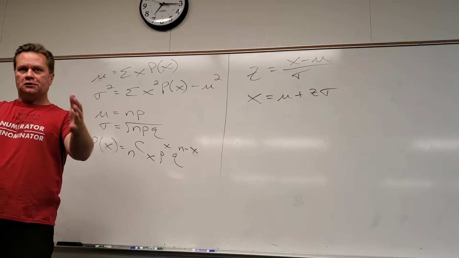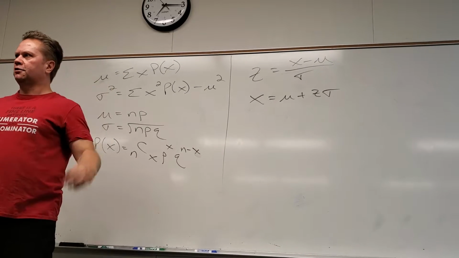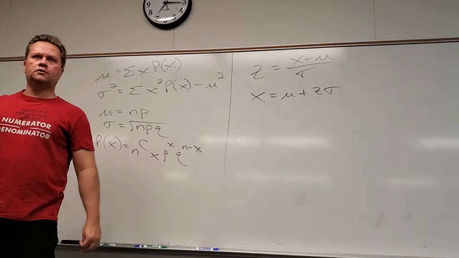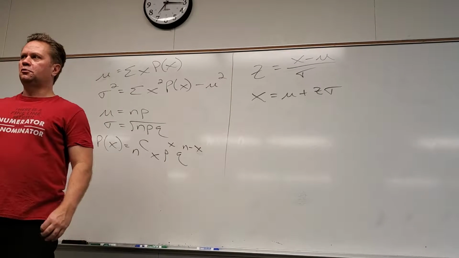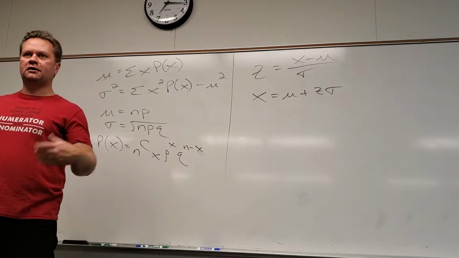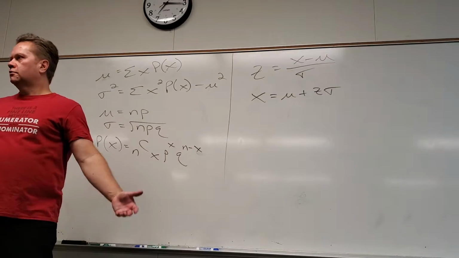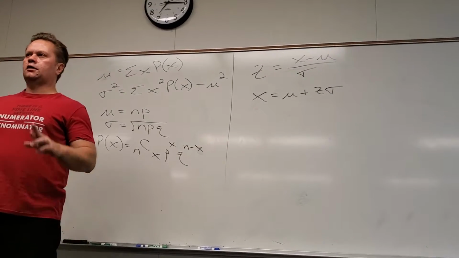The other stuff is using the chart, drawing the pictures, all this kind of stuff that doesn't belong on a formula sheet. Be really careful, by the way, if you have written notes on your z-score chart, you want to come see me and get a fresh copy of it, because I will be collecting them. And if you have notes on your z-score chart, you're going to lose points for it. That's kind of silly.